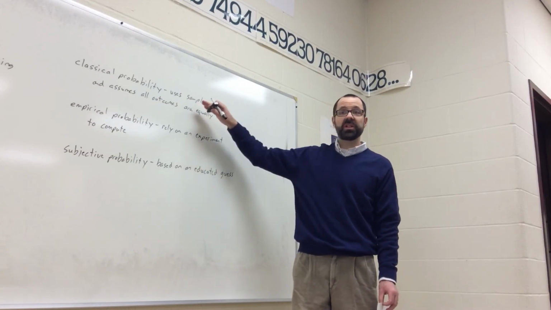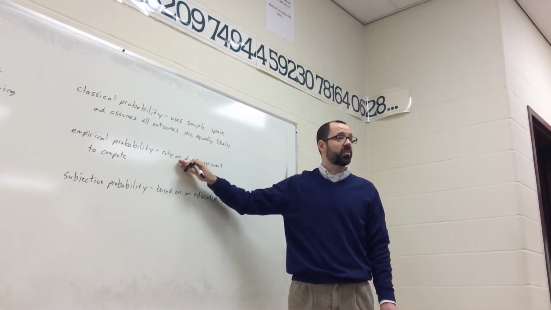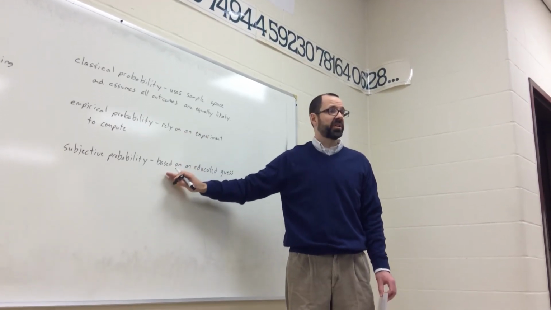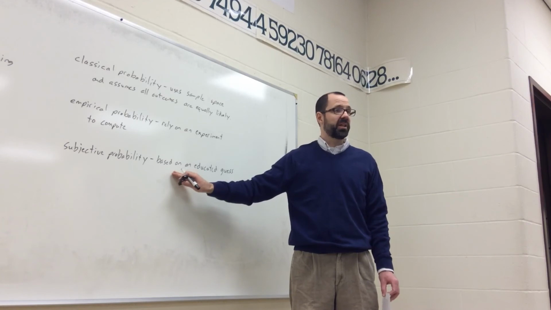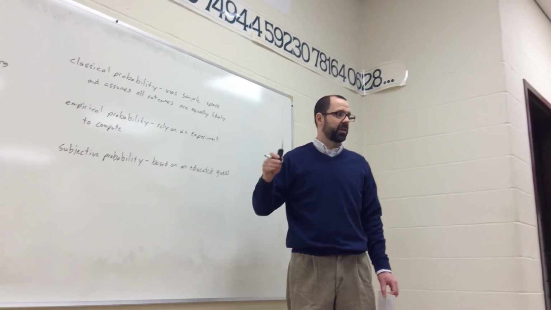So classical probability is based on theory, empirical probability is based on an experiment, and subjective probability is based on an educated guess. An example here would be the weather.